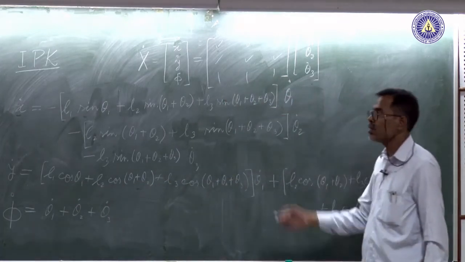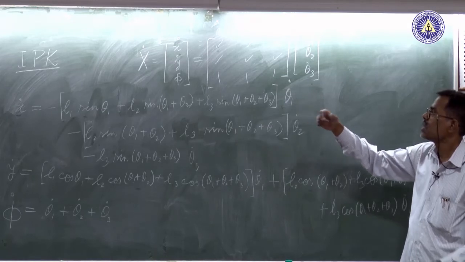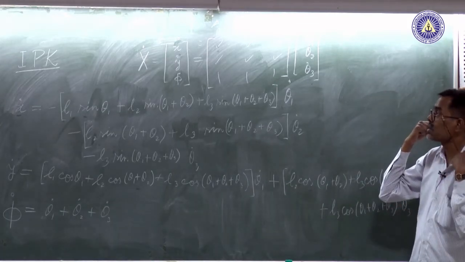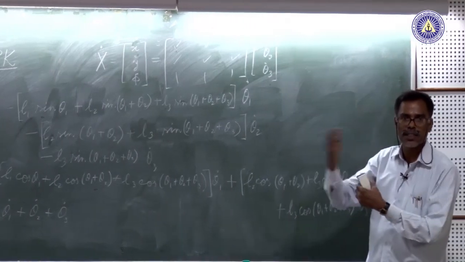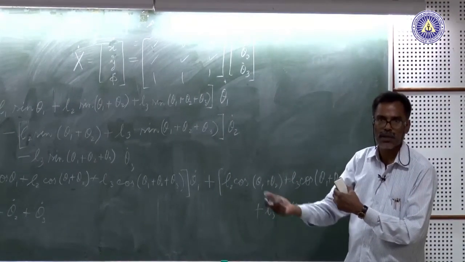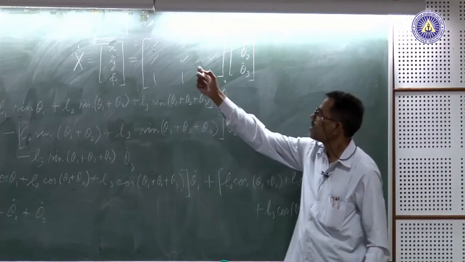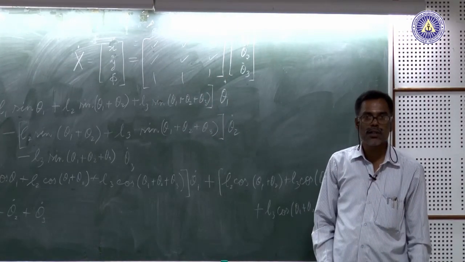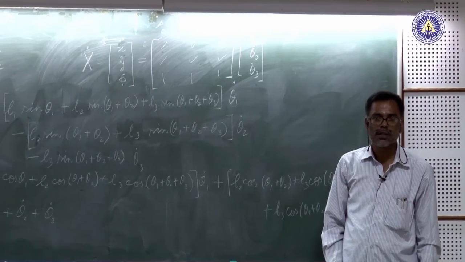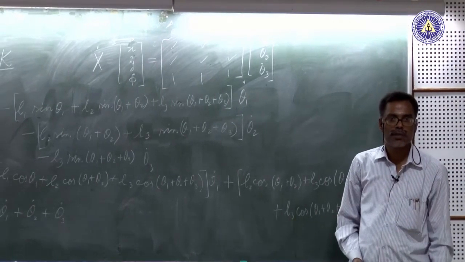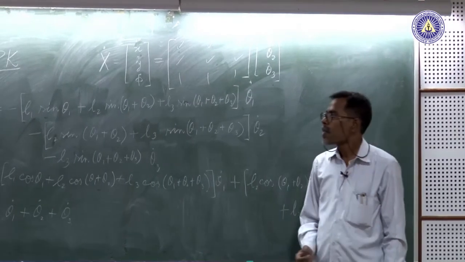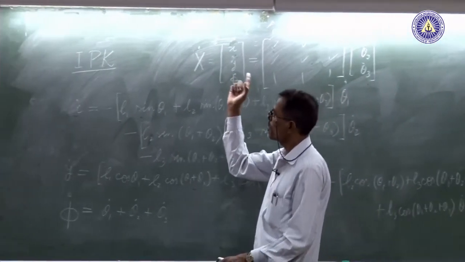Okay. So, you have got the input output velocity relationship as a linear transformation, as a matrix multiplication. And what is this matrix? What is it called? Of course, all of you know. What are the components of this?